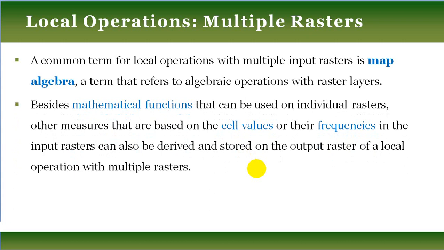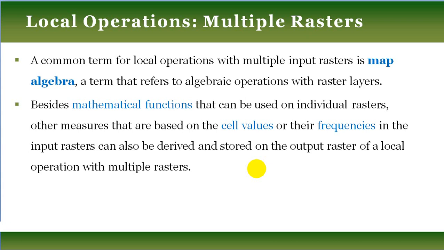So besides mathematical functions that can be used on individual rasters, other measures that are based on the cell values or their frequencies in the input rasters can also be derived and stored in the output raster of a local operation with multiple rasters.